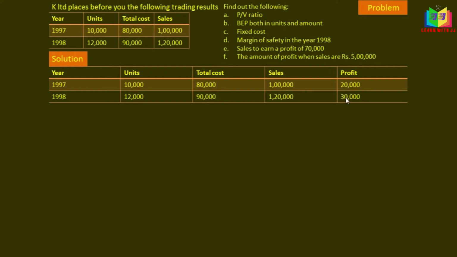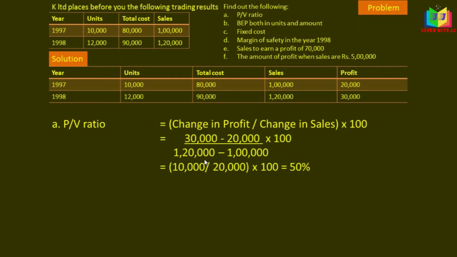So 10,000 is the change here. First we'll see the formula: change in profit divided by change in sales. Here the change is 10,000 in profit and in sales the change is 20,000. So 10,000 divided by 20,000 into 100 will get 50%. 50% is the PV ratio.